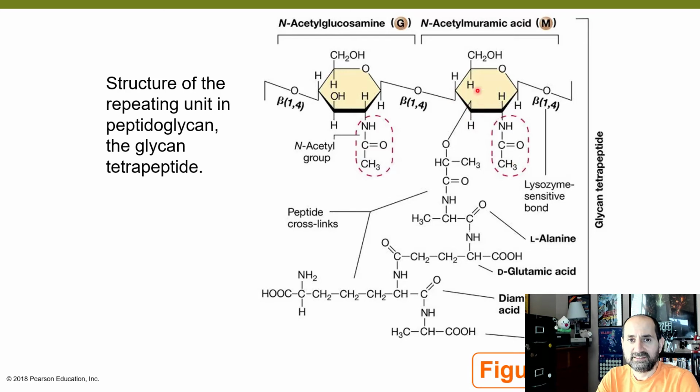And then attached to N-acetylmuramic acid, you have the peptide chain. Remember the amino acids? You've got L-alanine, D-glutamic acid, diaminopimelic acid, and D-alanine. There you go. So you have your short peptide tail. It's called the glycan tetrapeptide.